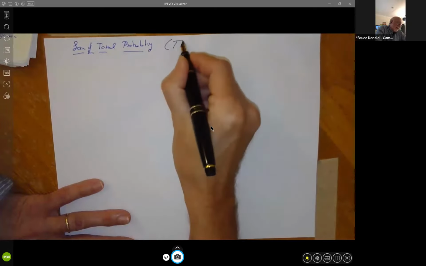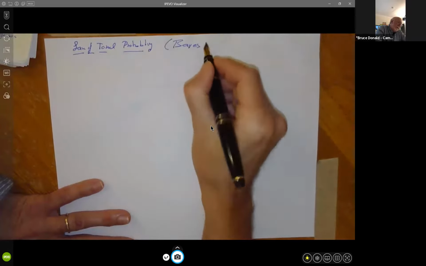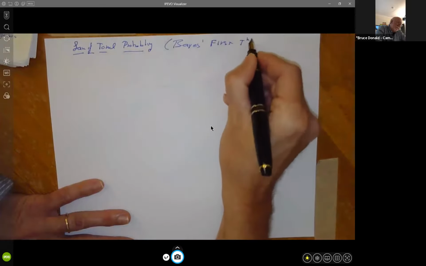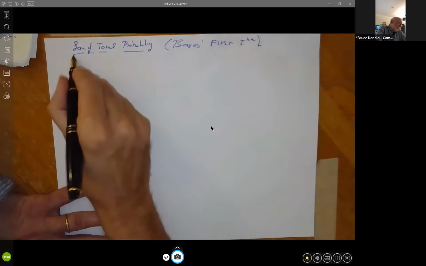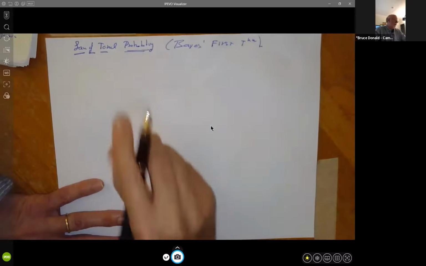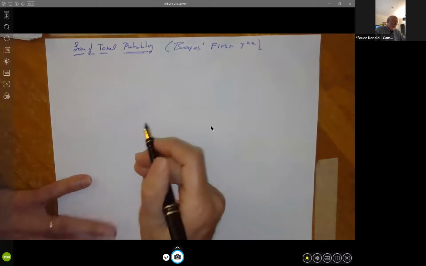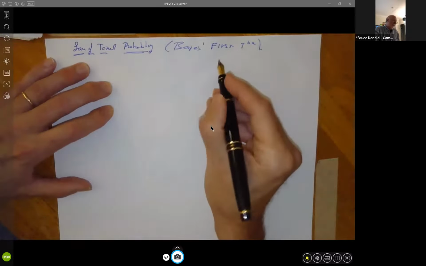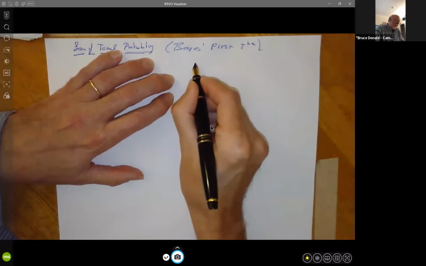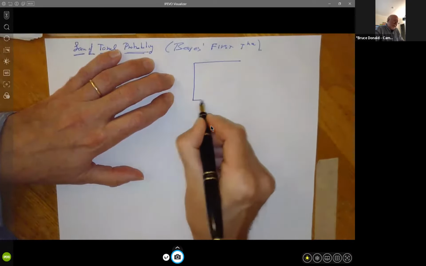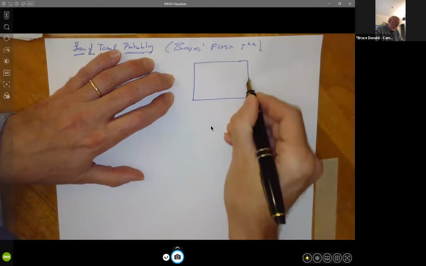But it's sometimes called Bayes' first theorem. I'm going to use the first because Bayes' second theorem is the one that most people know. And this can be illustrated as follows. So imagine we have a set of outcomes that looks like this. So this is our omega space.